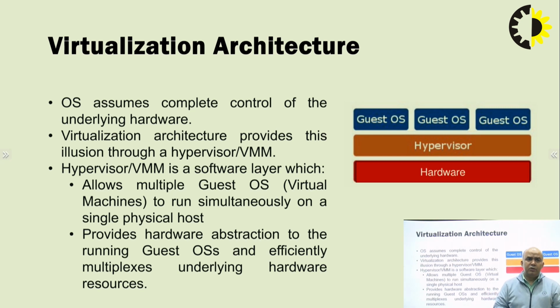So this is the architecture in which we provide hardware abstractions to these virtual machines like your guest OS, so that they will share the resources and provide better optimization or better throughput in this case.